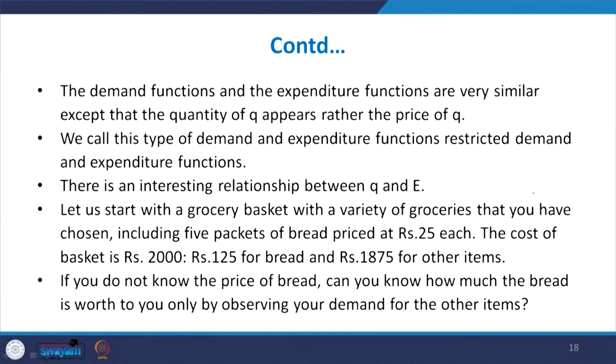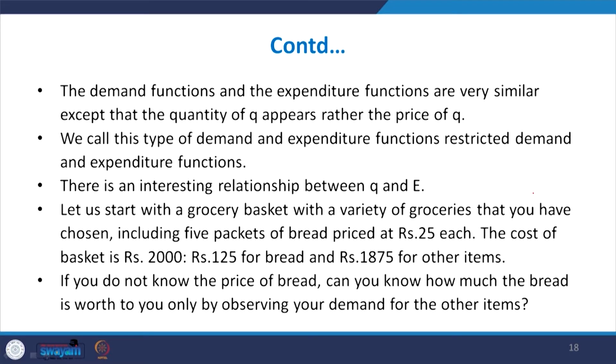That is studied by the expenditure function in the case of the Z product. The demand function and expenditure function are very similar, except that the quantity of Q appears rather than the price of Q. So, this is the difference.